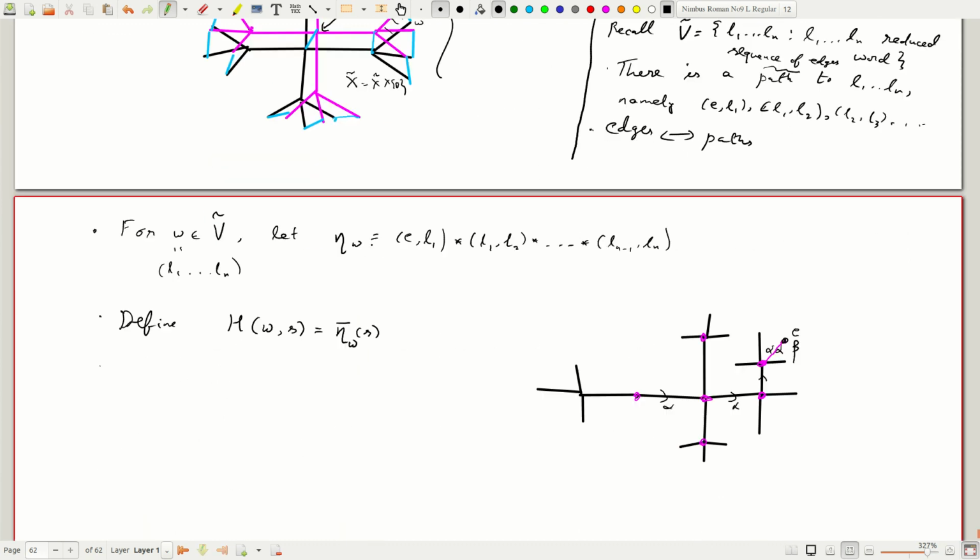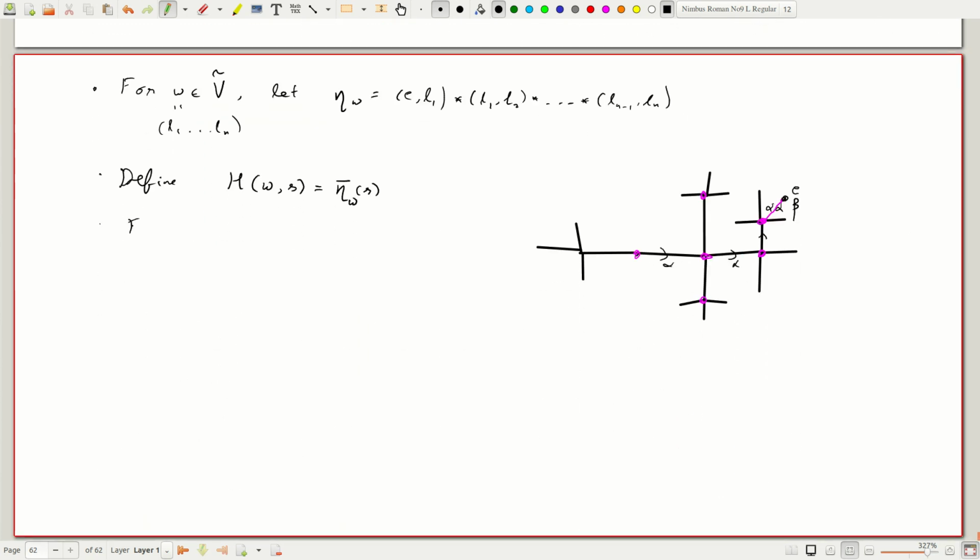Okay, so finally we extend H to squares. And what are these squares? They are of the following form. Okay, so now I call this path W, but I have to go to the next step also.